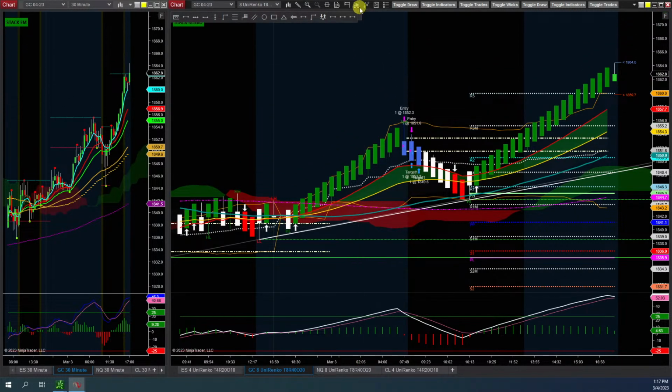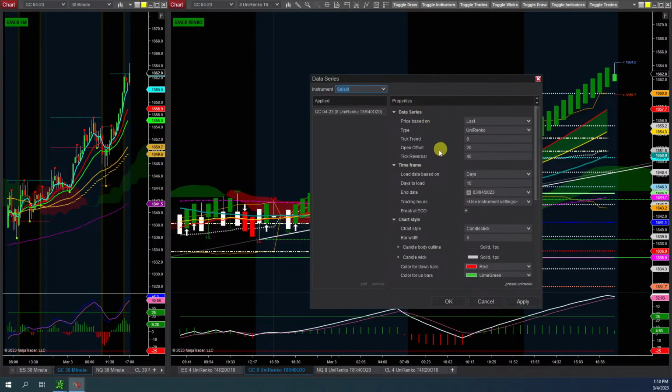Again, let me go back here. You get the tick trend 8, and this is the setup I'm using for gold. So this one is the anchor chart, 8, 20, and 40.